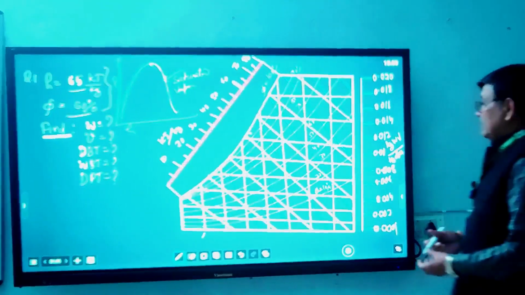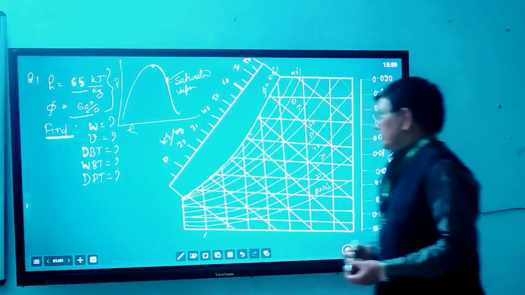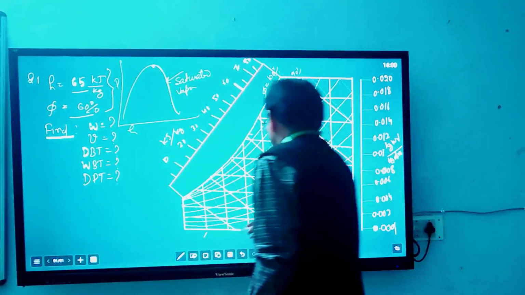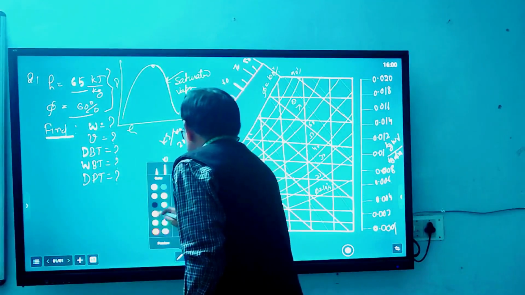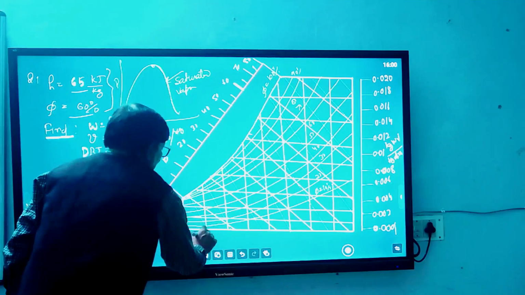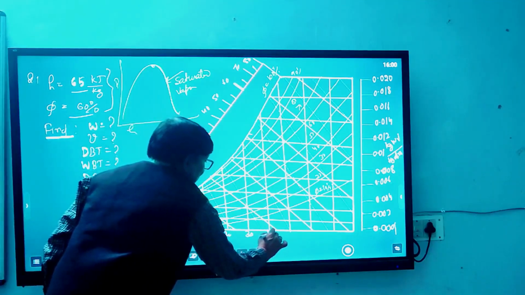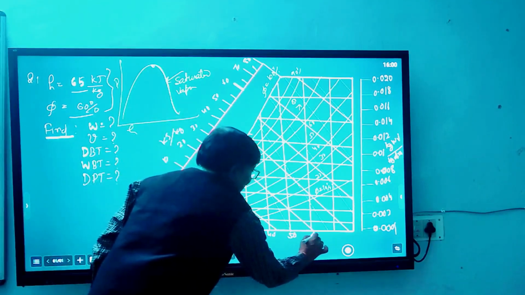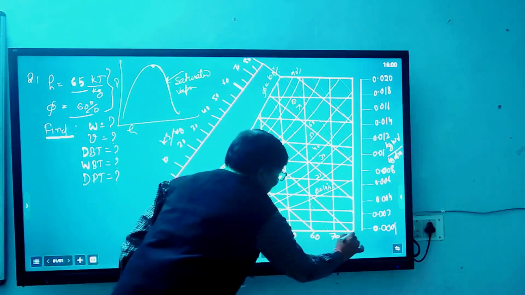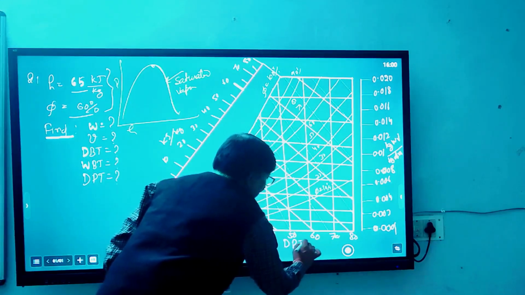Let us define the wet bulb temperature and dry bulb temperature also, using white color. So this one is 10 degree, 20, 30, 40, 50, 60, 70 and 80. Dry bulb temperature, DBT.